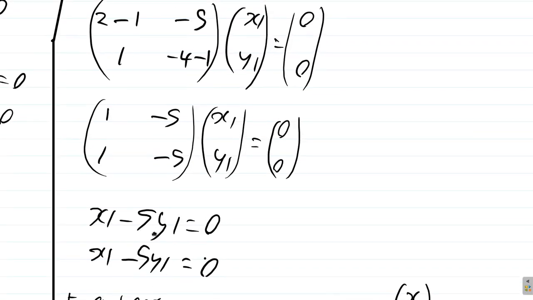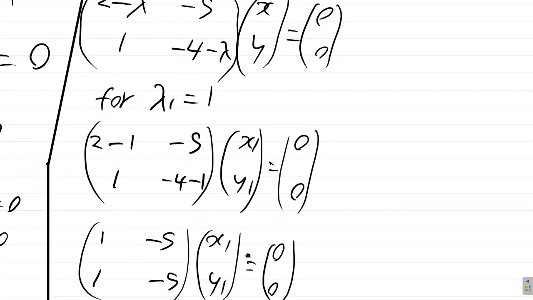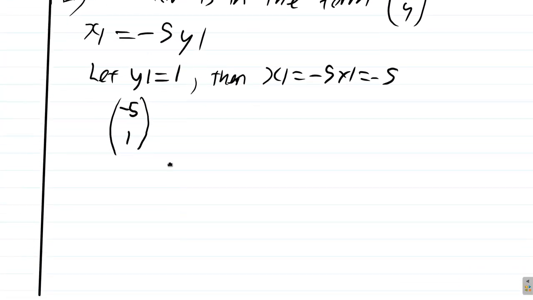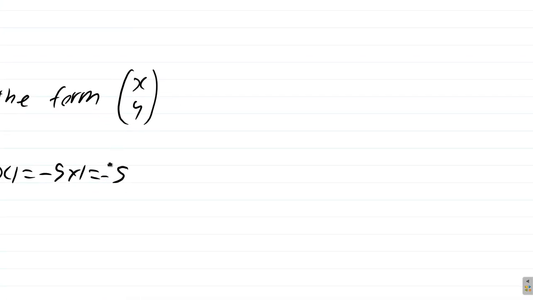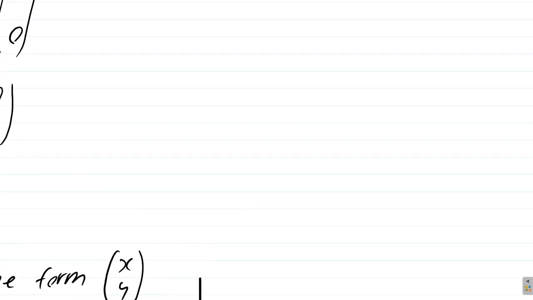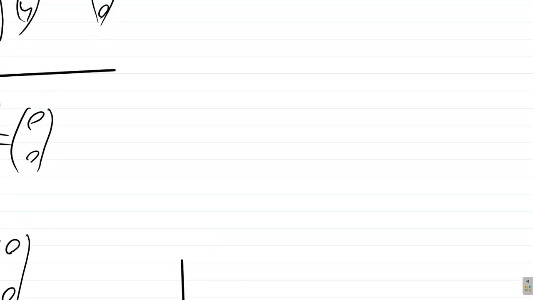for the other one now, for lambda 2 equal negative 3. Alright. We'll run out of scrolling space again, so let's draw a line going up here to see how this would go.